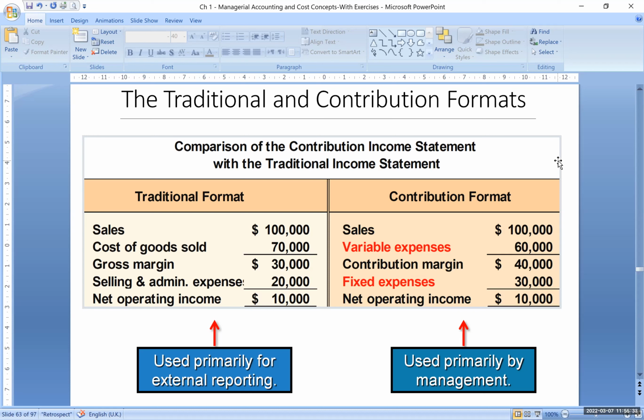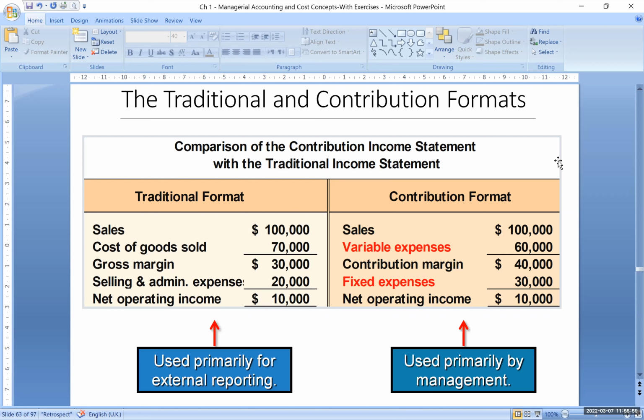These numbers are given. The difference between these two, called gross margin, 100 minus 70 equals 30,000, minus the selling and administrative expenses for 20,000, and this equals 10,000 as net operating income or net income.